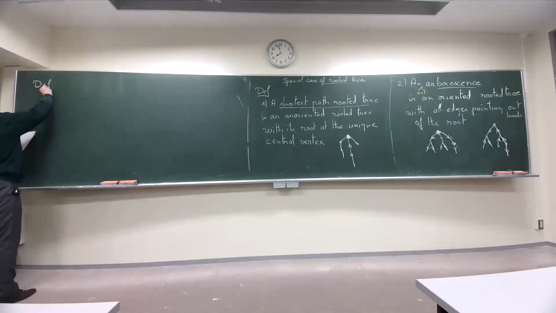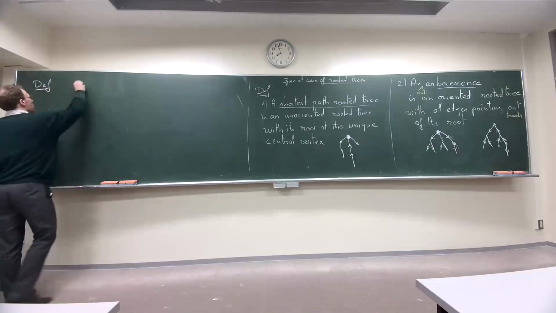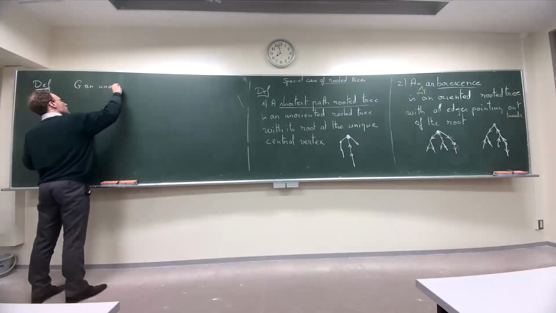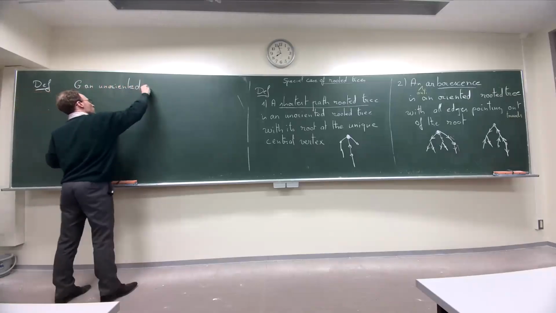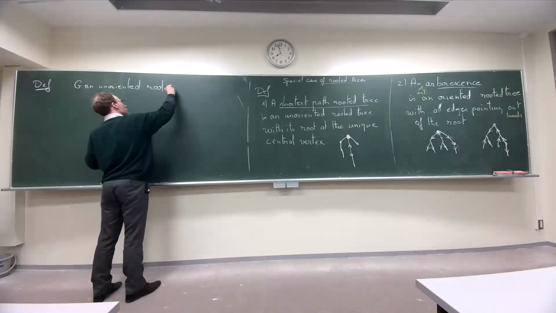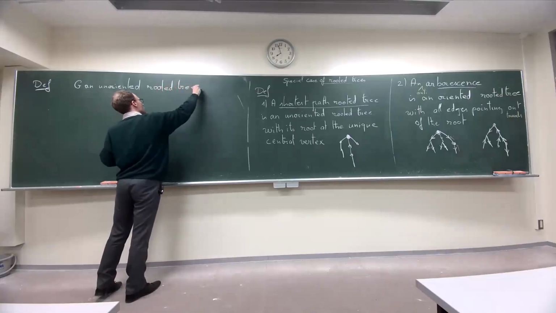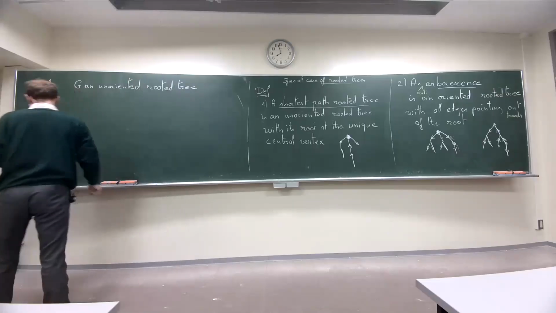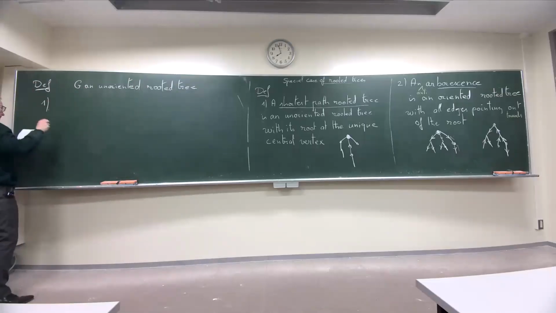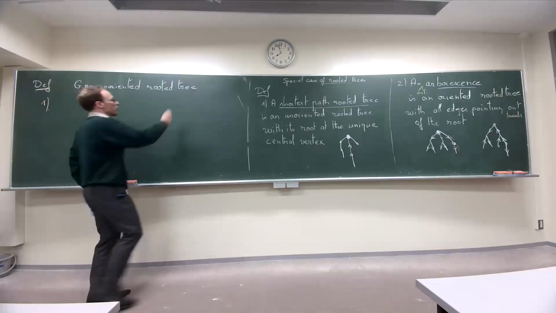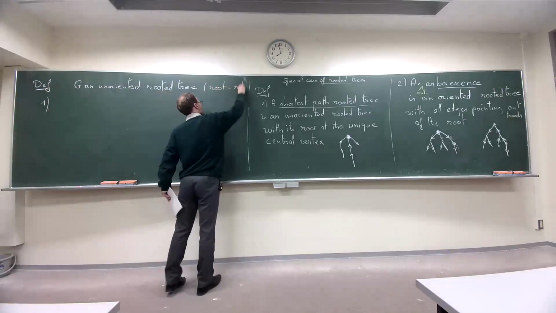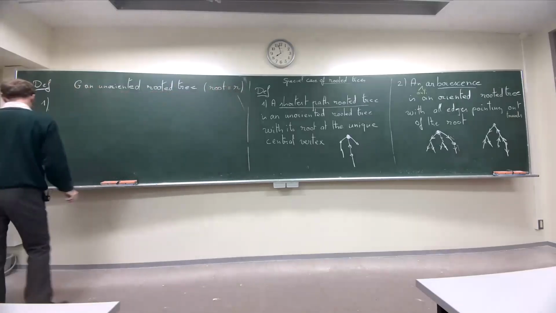Last definition for today. So G, an unoriented rooted tree, and I call the root R, the letter R for root.